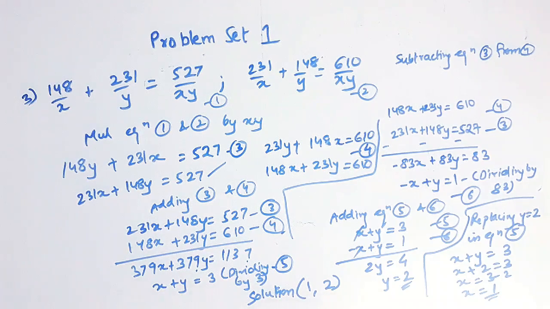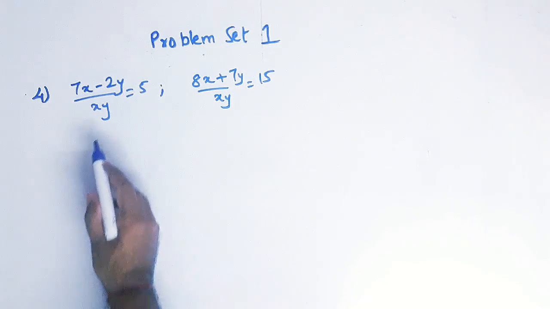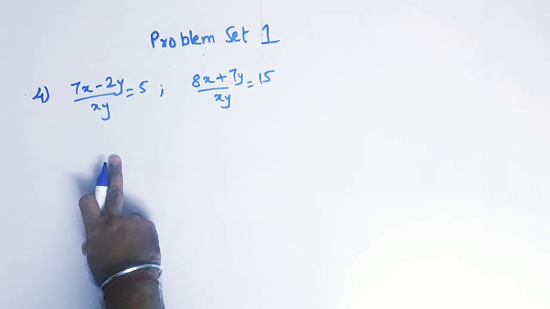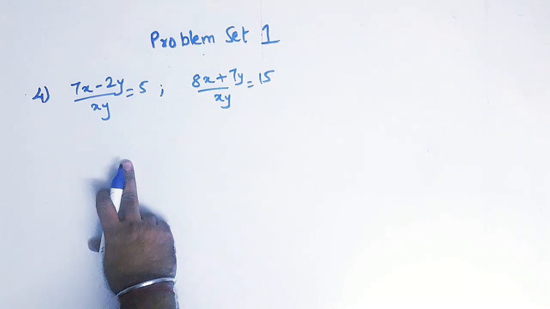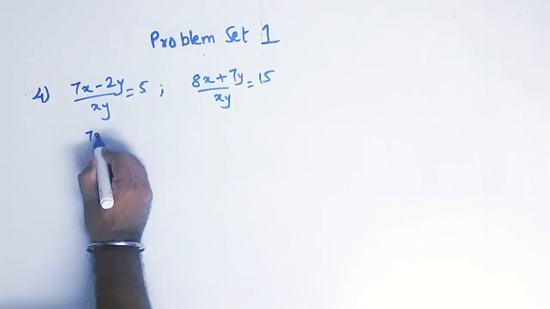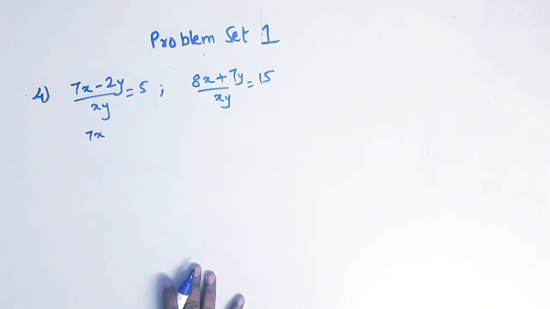Okay. So with this we'll start with our new fourth one. So sum number 4, you can see 7x minus 2y by xy equals to 5. Similarly here, now here when such type of question comes, you will give every numerator their respective denominators.